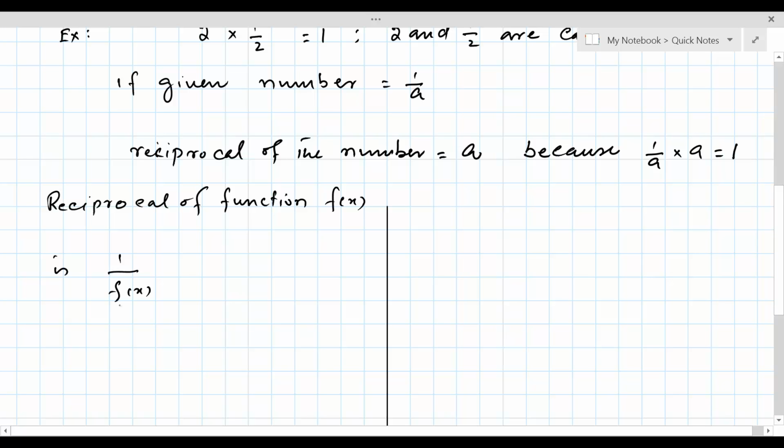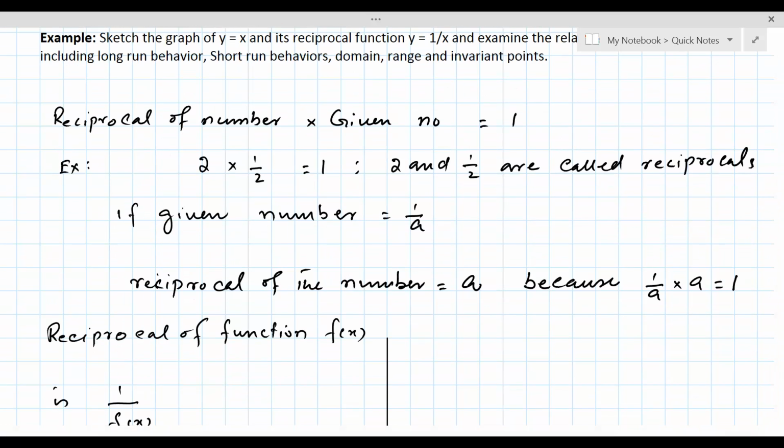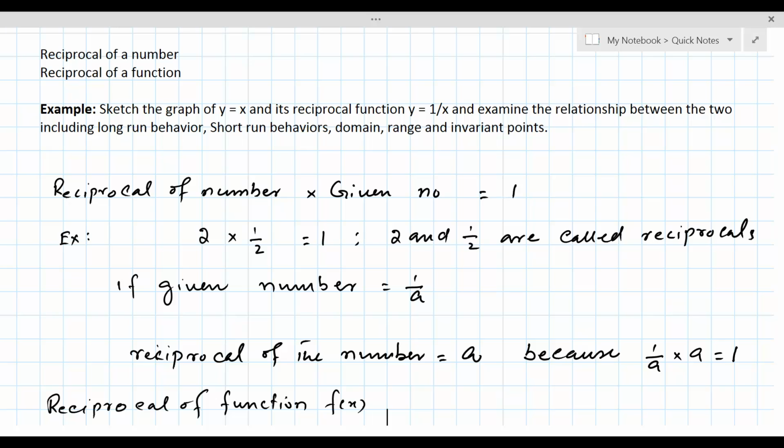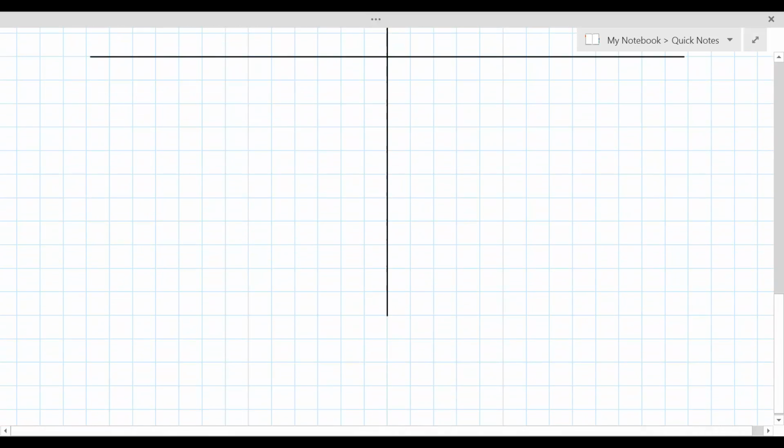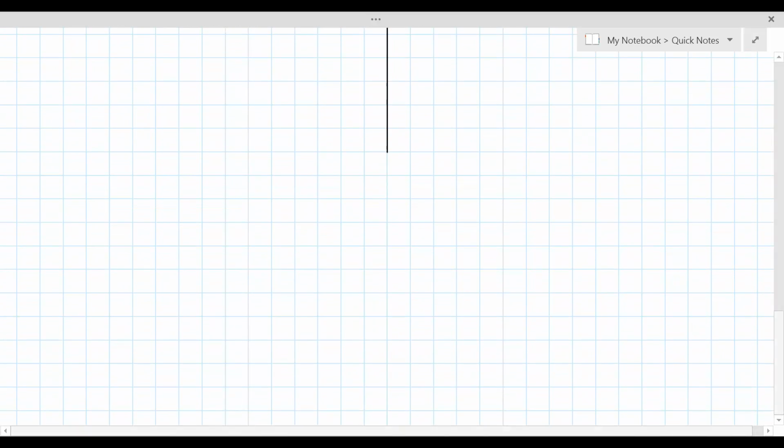So this is how we define the reciprocal of a function. Now, the task at hand is that we will first define the function y is equal to x, and we will draw its graph, and then we will draw the graph of its reciprocal function y is equal to 1 over x. So let's get started with the table of values.